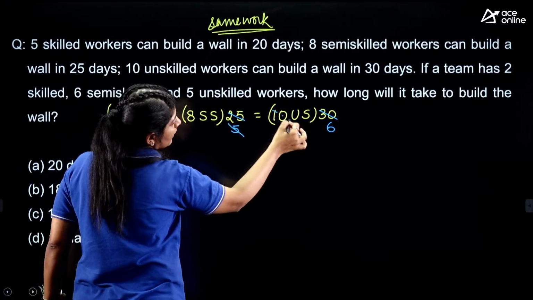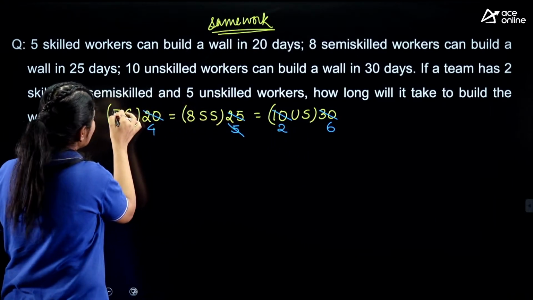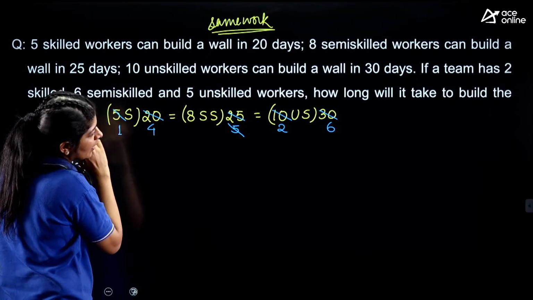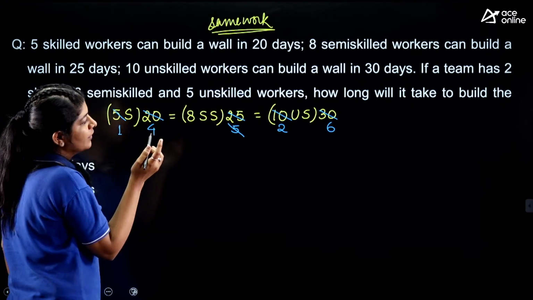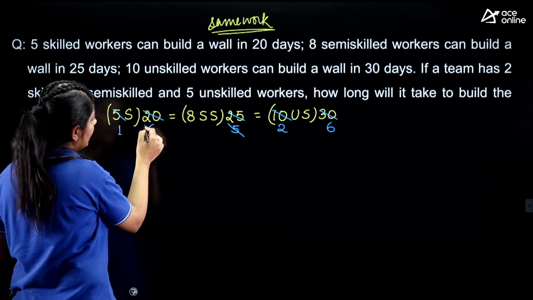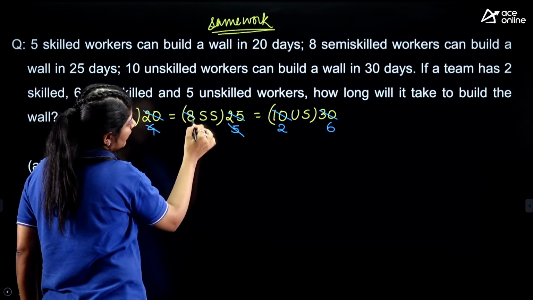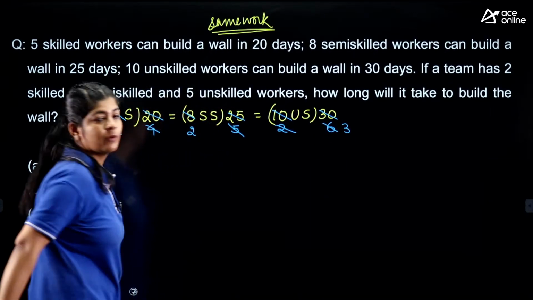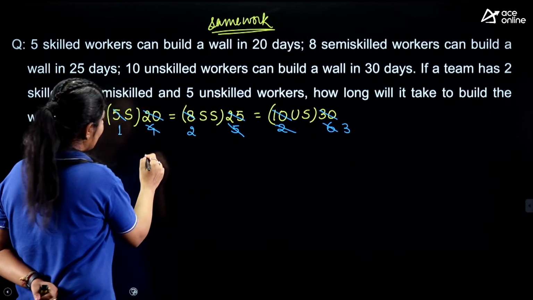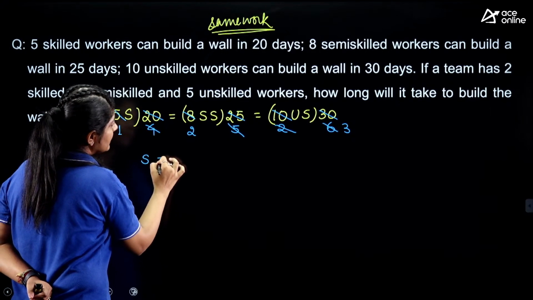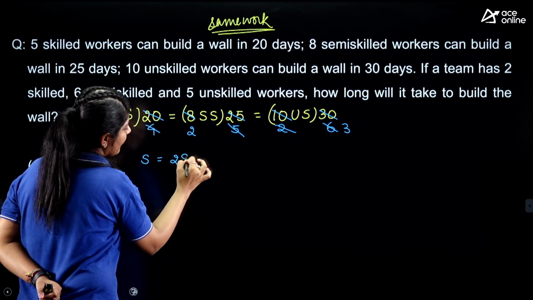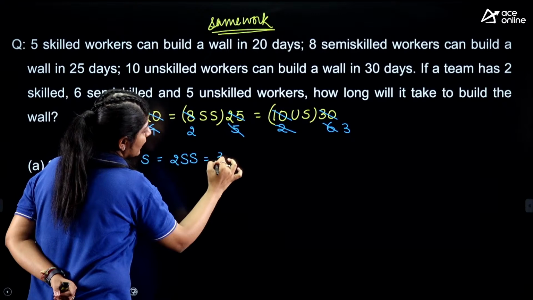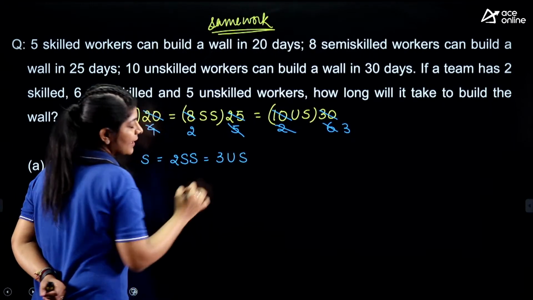Here 1, here I got 2 and here I got 1. Right? Now with the help of 4 we can eliminate it. Here I got 1, 2 and here I am left with 3. So from this data I can say that skilled workers is equal to twice of semi-skilled workers is equal to thrice of unskilled workers, right?